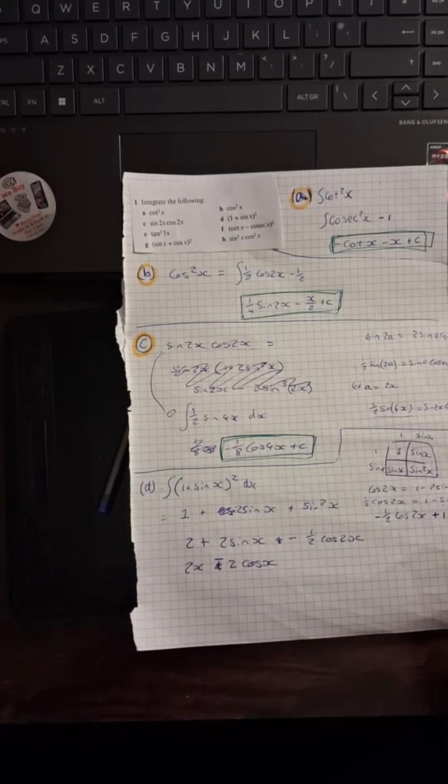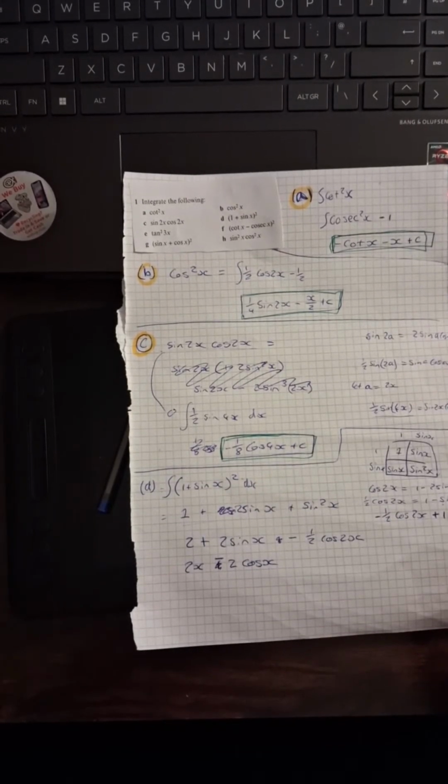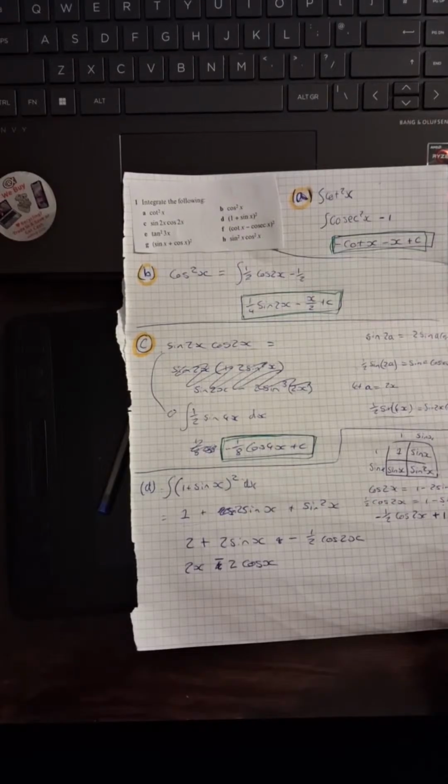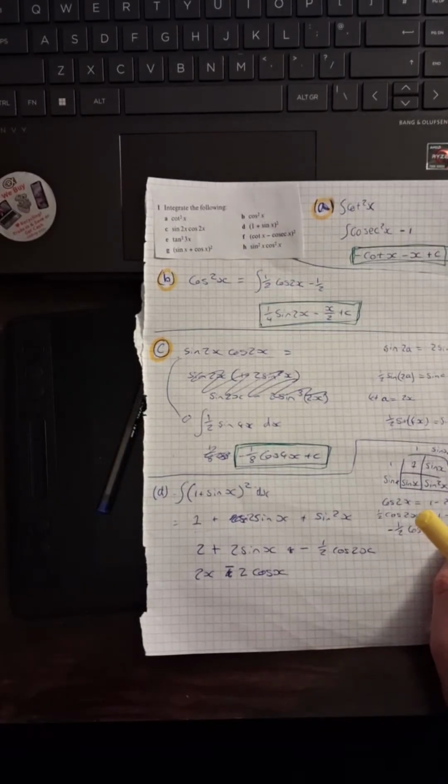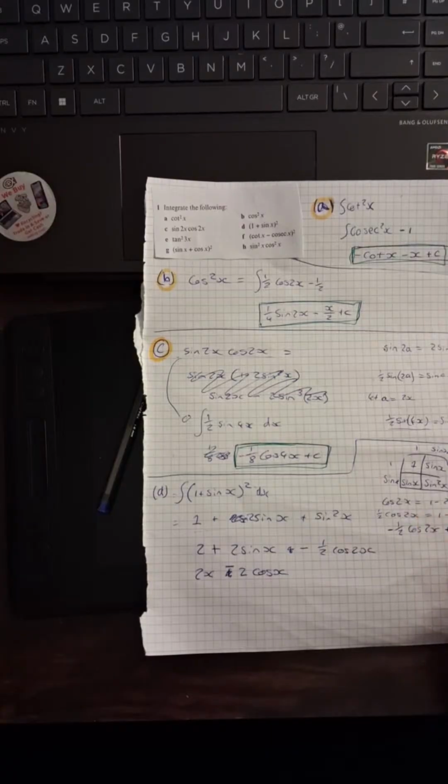The derivative of sine x is cos x. The derivative of cos x is minus sine x. So if you integrate cos x, you get sine x, because integration runs the derivative process backwards. But if you integrate minus cos x, you get minus sine x. That is actually confusing.